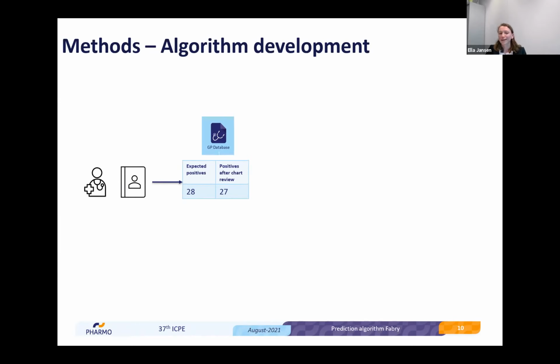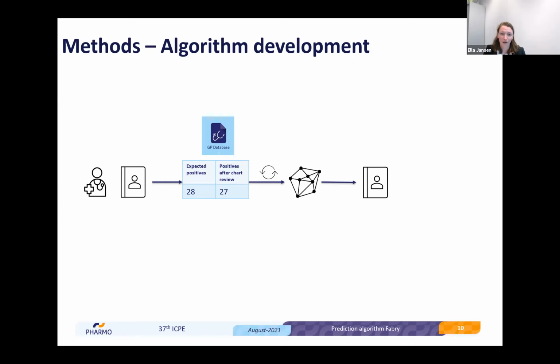Moreover, of those 28 patients found through the patient finding model, 12 patients were already on Fabry medication and are thus confirmed cases, but more than half were newly found potential patients, or at least patients who were not yet treated for Fabry. So there are some very exciting and promising results.